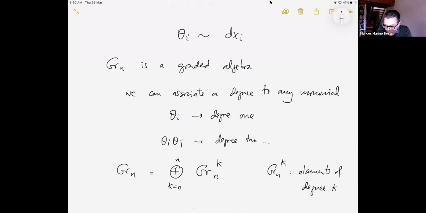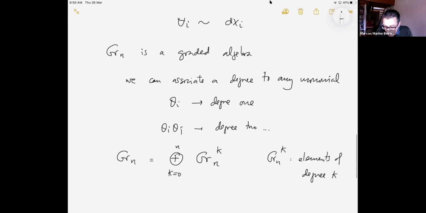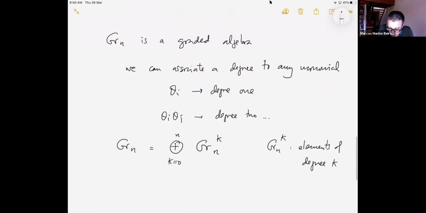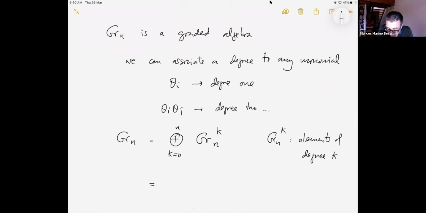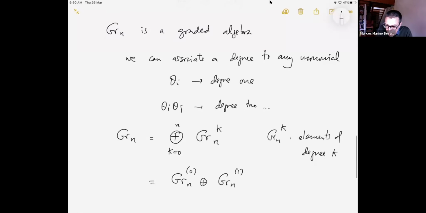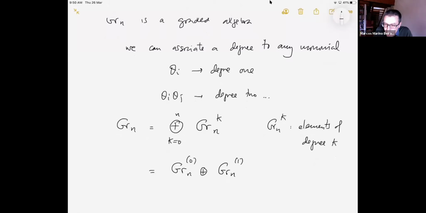This is one decomposition, and there is also a different decomposition. I'm going to write it as GR_n^0 plus GR_n^1, and the reason is the following. When things have odd degree, they anti-commute. But things of degree 2 actually commute.